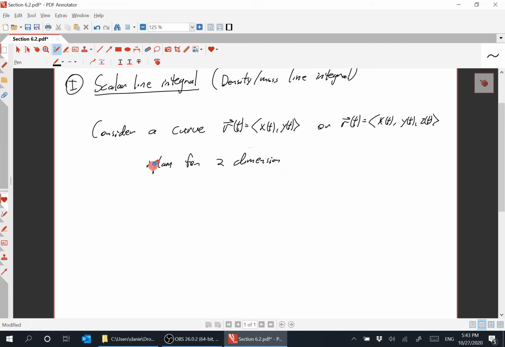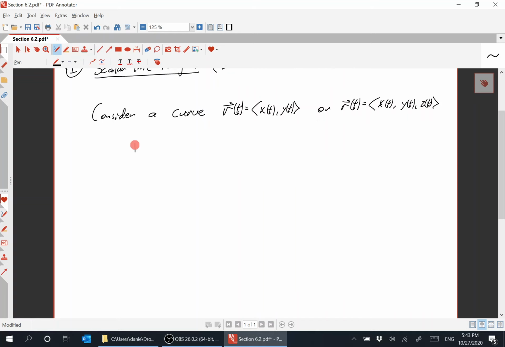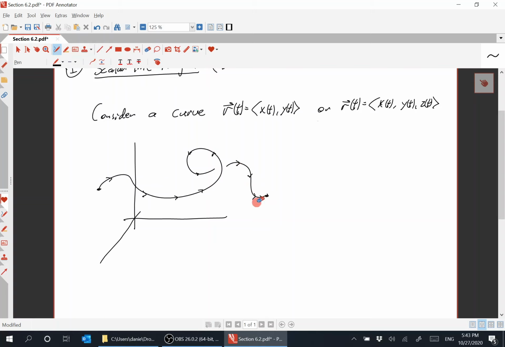Oh no, let's do 3 for now. So the r of t traces out a path in 3-dimensional space where t is time. So you've got some small particle moving along this path.